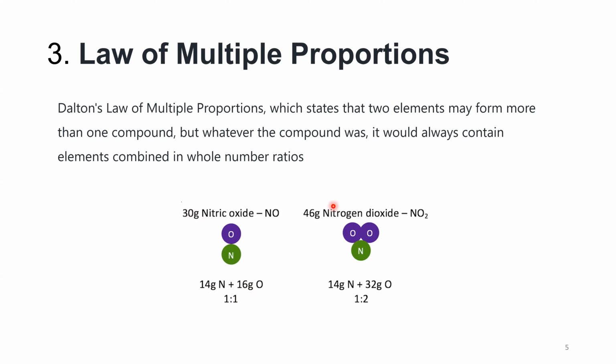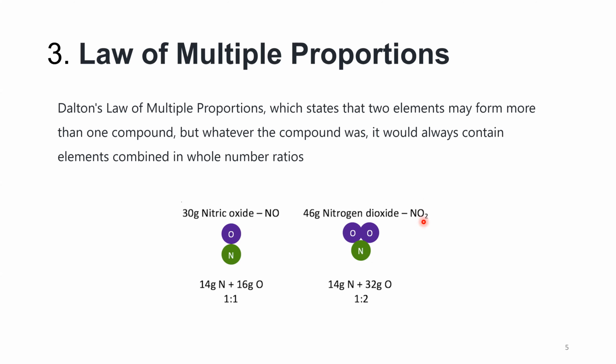But on the other side, in another example, there are two oxygen atoms combining with one nitrogen, right? So here is the overall molecular weight of nitrogen dioxide. Now you need to know that nitric oxide and nitrogen dioxide are entirely different things.